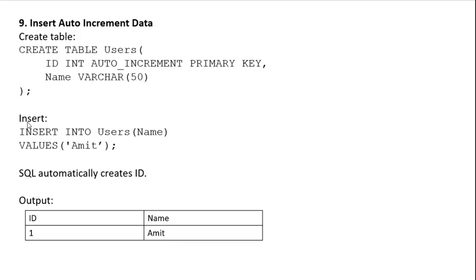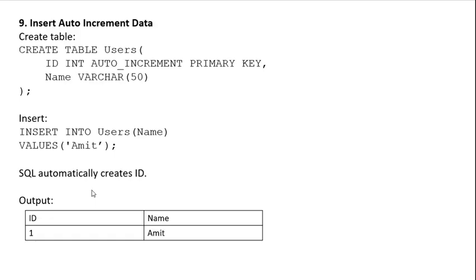And the insert query: insert into the table users, with only the name column. The id is auto increment, so don't write the id's value; give only the name value in single quotes, like 'Amit', and a semicolon at the end. So SQL automatically creates the IDs. In the output, the ID is 1 and the name is Amit.